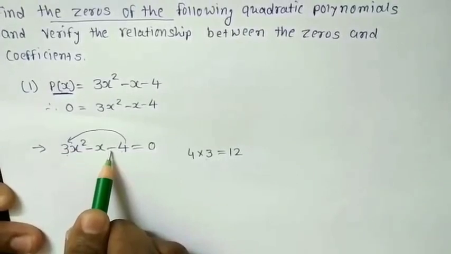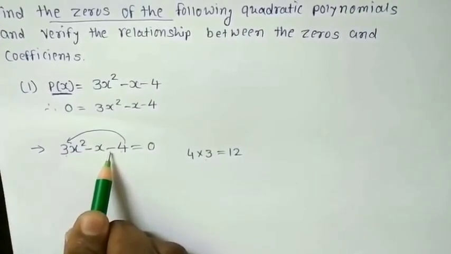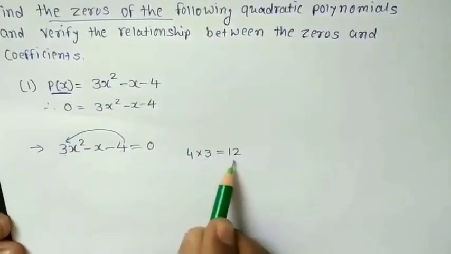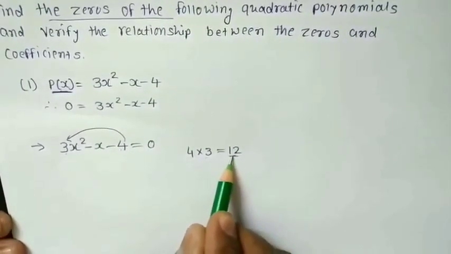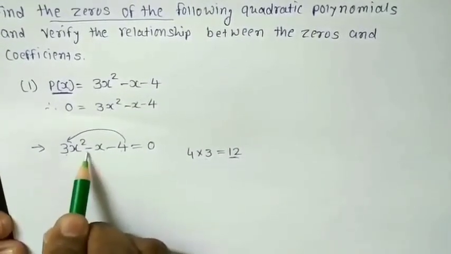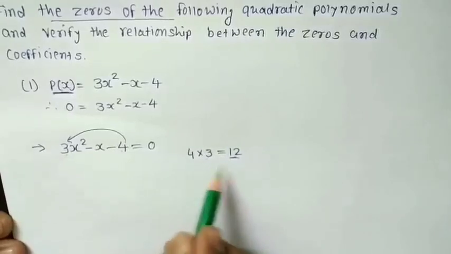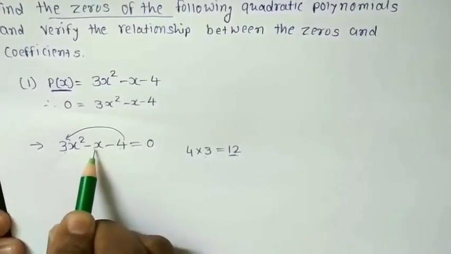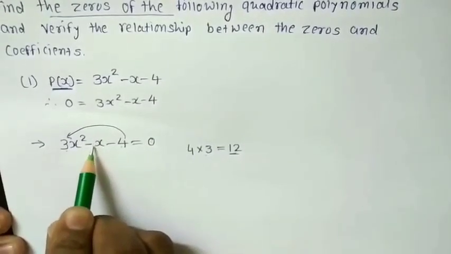Minus means we need to follow subtraction. We need to subtract the factors of 12 from each other to get the middle term. The coefficient of this x is 1.